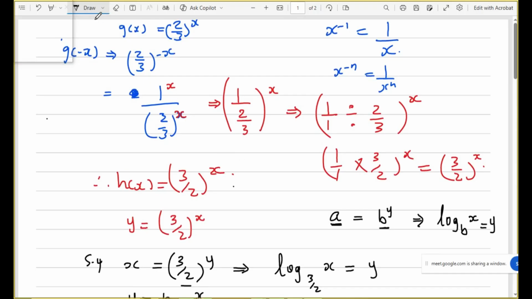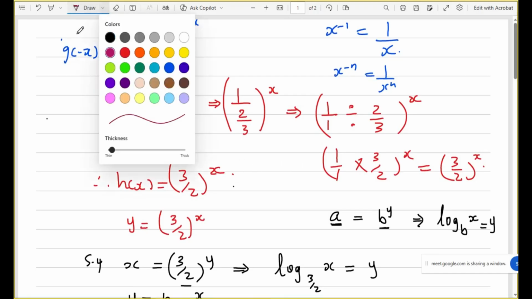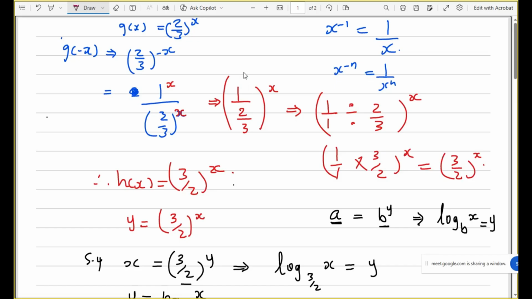Okay, let's look at this. I understand what you are saying. Look at this. This was g of x, which is (2/3) to the power x. Then they said find h of x. h of x is formed when g reflects around the y-axis. So when it reflects around the y-axis, this gives us h of x to be this one.